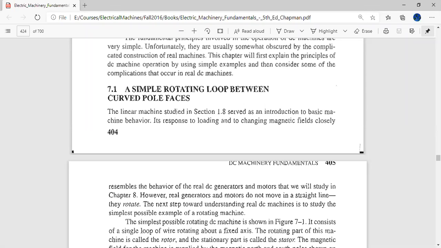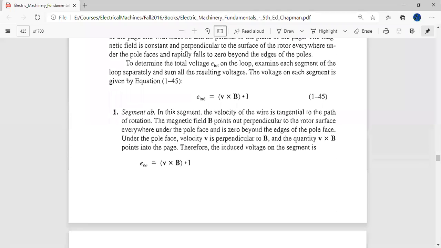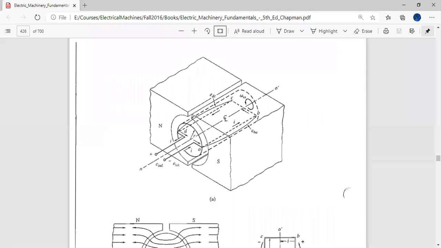In the DC machine, we are going to consider this simple example. There's only one rotating loop on the rotor, and there's some diagram here that I want you to see first. Basically, the diagram shows that we have permanent magnets being used on the stator, which is stationary.